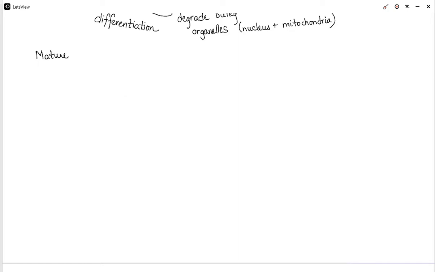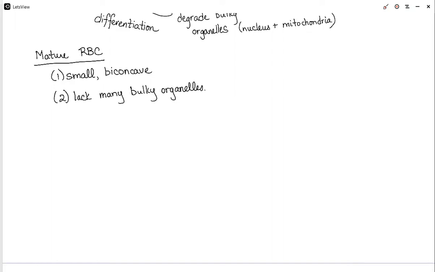Let's start with what mature red blood cells are or lack. Mature red blood cells are going to be small and what's called biconcave, and then they're going to lack many of the bulky organelles, including mitochondria and the nucleus.